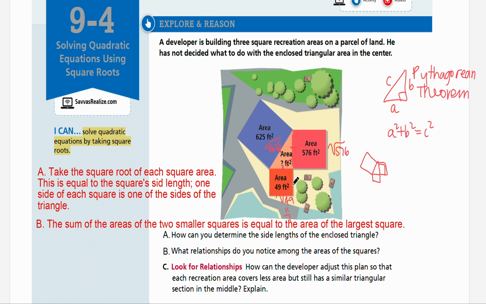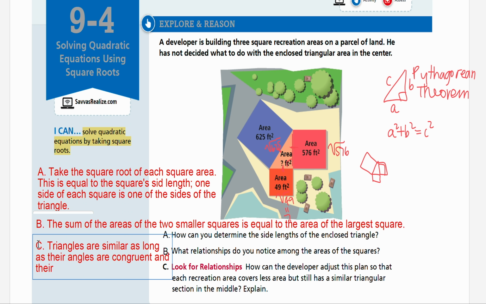So the triangle will be similar. Okay, so in geometry later, you'll learn that similar triangles may not have the same sides, but their angles are equivalent to each other, and the sides have the same ratio. So we can explain that triangles are similar as long as their angles are congruent and their corresponding sides are in proportion.